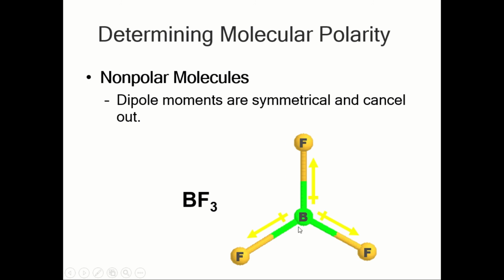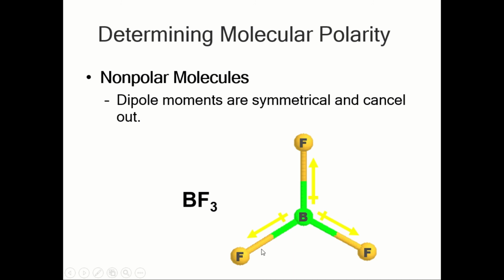Let's check first the type of bond present in this molecule. We have boron and fluorine. As we can see, it has a dipole moment, meaning it is a polar bond. Boron has a lower electronegativity value than fluorine. Fluorine has the highest electronegativity value. That is why the dipole moment is pointing towards the fluorine here.